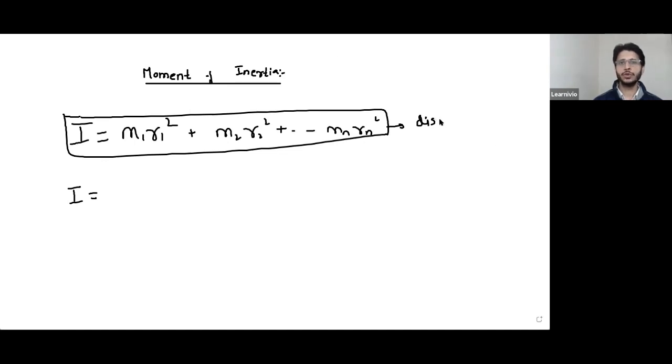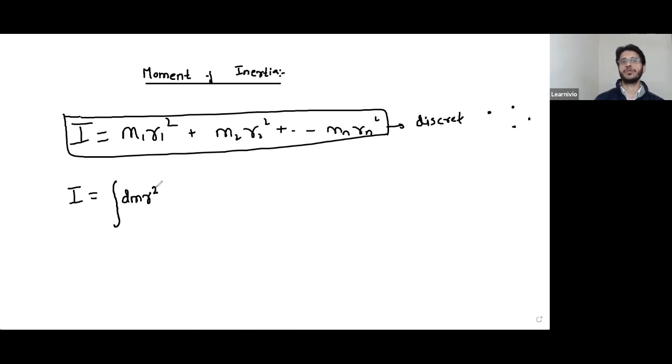This formula you will use if your distribution is discrete. Like if masses are spread out, like this one mass, another mass, third mass, masses are spread out throughout the system, then this is discrete distribution. If you have continuous distribution, then you can write your moment of inertia as integral of dm r square.